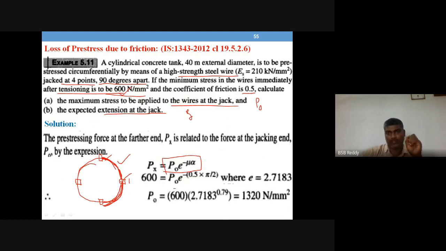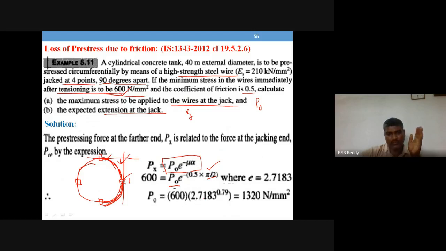Let Px equal P naught e power minus mu times alpha, where mu is 0.5. Alpha is nothing but, you clearly know that if you draw a tangent at this end, it will be a vertical line, and this is 90 degrees. So it is straight away pi by 2.